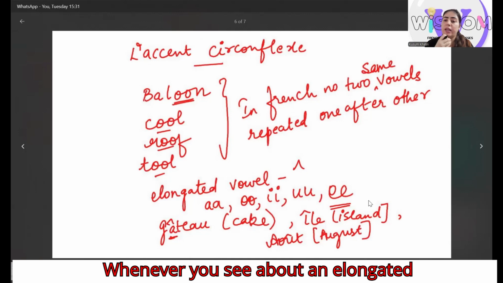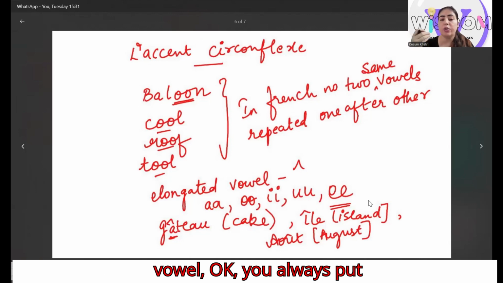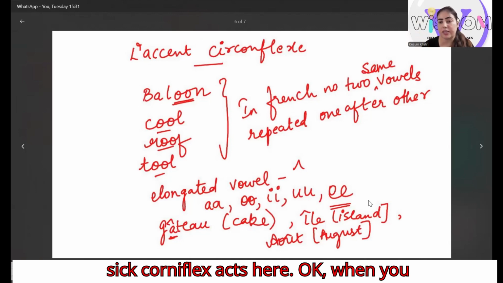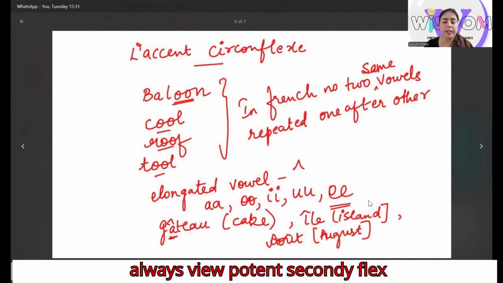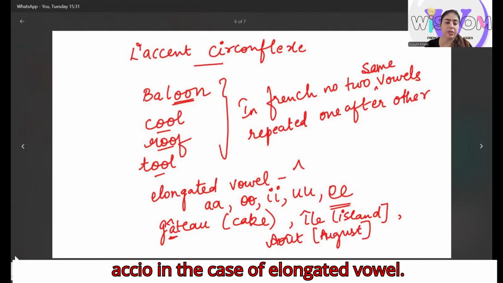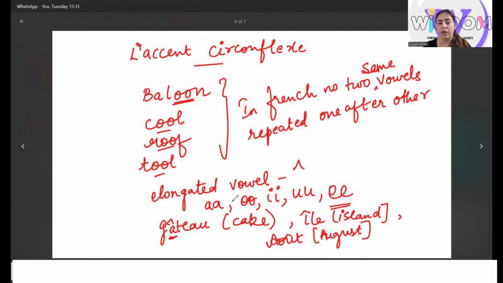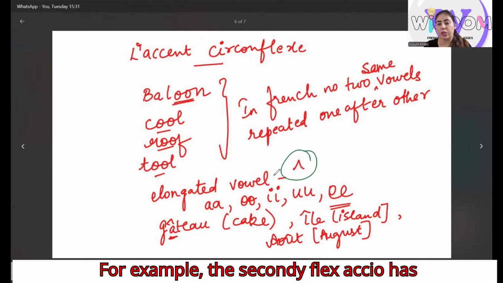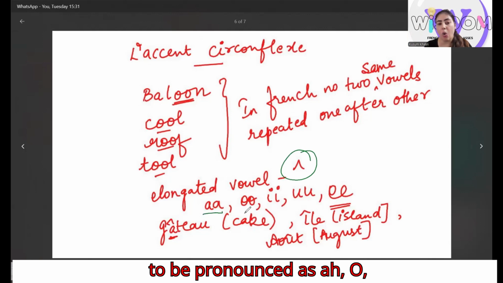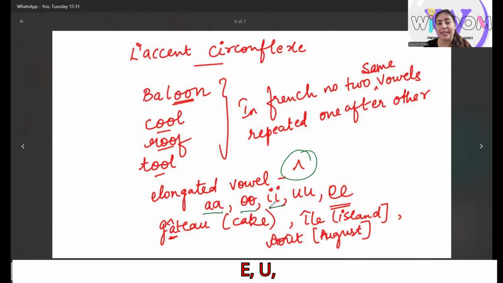Whenever you see an elongated vowel, you always put the circonflexe axiom. For example, the circonflexe axiom has to be pronounced as A, O, E, U: gâteau, gâteau, oot.